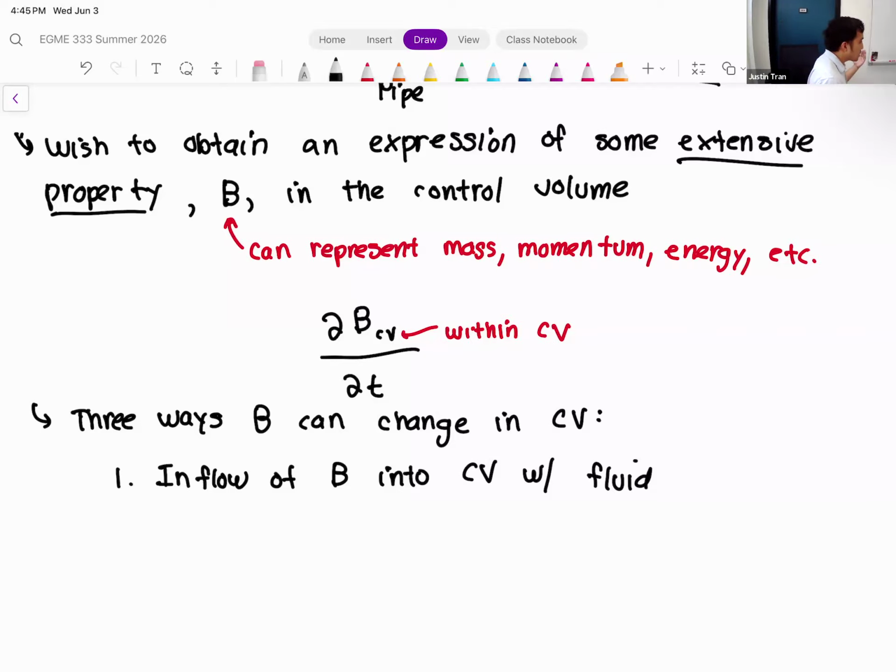So if B is mass, and fluid is flowing into the control volume, then there's obviously mass coming into the control volume at the inlet. By a similar token, B can also leave the control volume via an outflow.